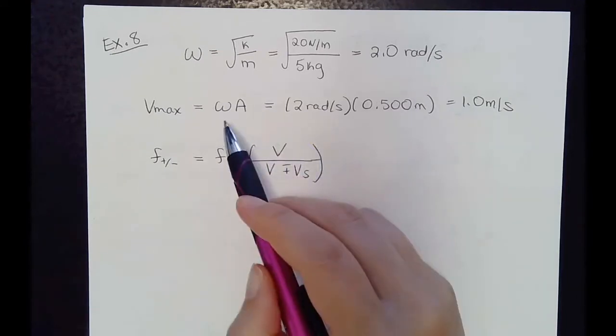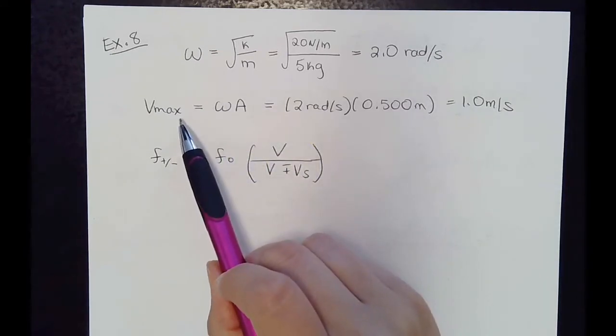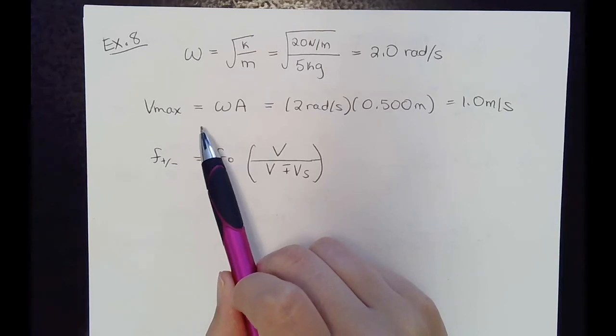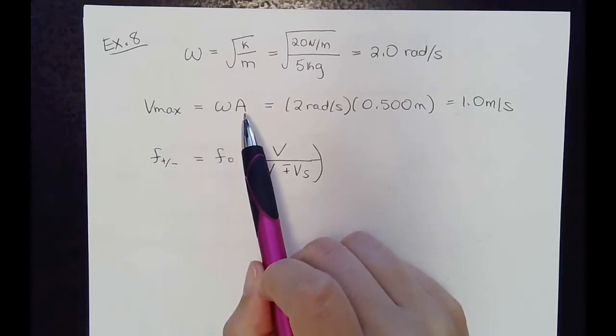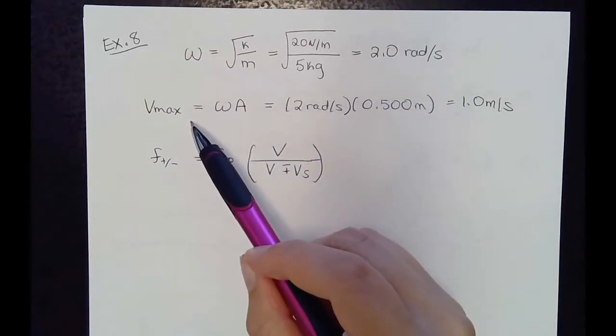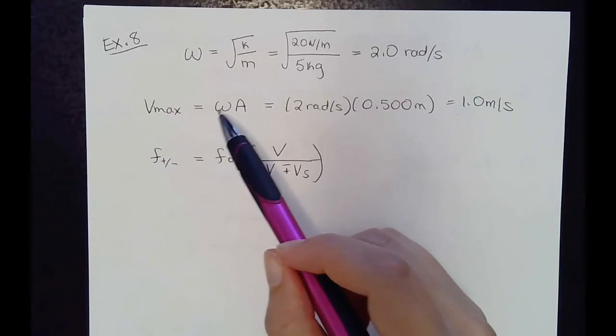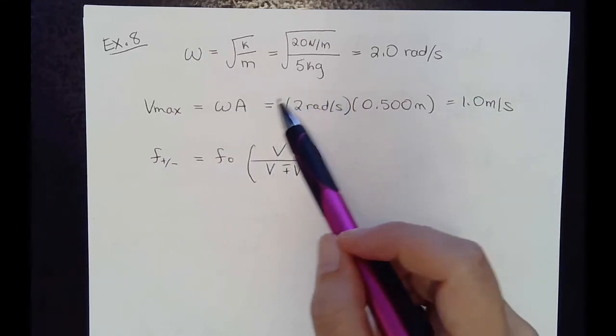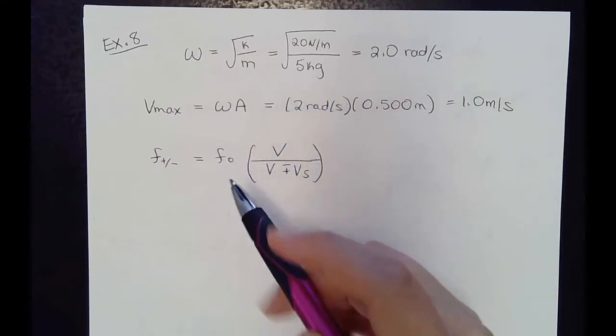We know that this mass will move between plus or minus Vmax and 0, and at 0 we will have that initial frequency of 440 hertz. So using Vmax will give us the highest frequency above that mean value, and then the lowest frequency below it.